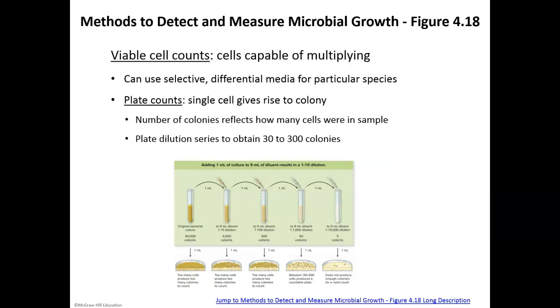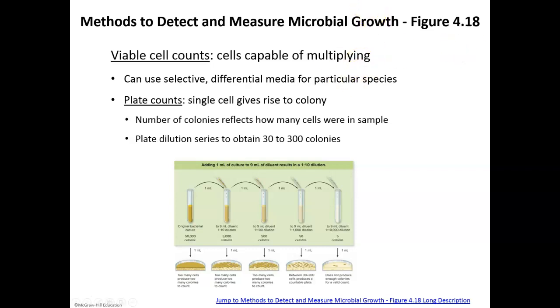But every time we dilute it, we should lower the number of cells. And eventually at that dilution, we should have only about a few cells in there that are going to grow, and so we can count the actual colonies.